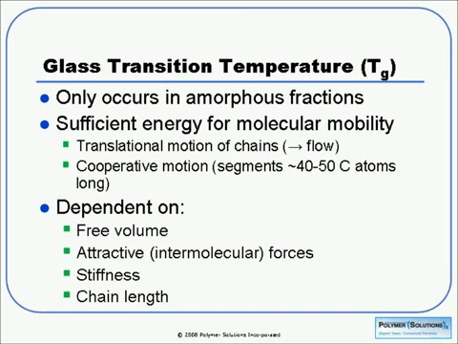The temperature at which this occurs depends on several variables, things like free volume, which is simply the area between chains, attractive intermolecular forces like hydrogen bonding, the stiffness of your backbone, and chain length or molecular weight. And I do want to say here that when I'm talking about putting energy into our samples, for our purposes, that basically means heating them up.